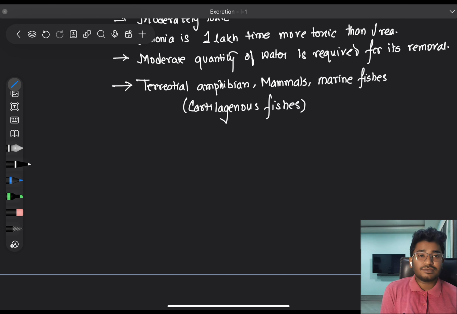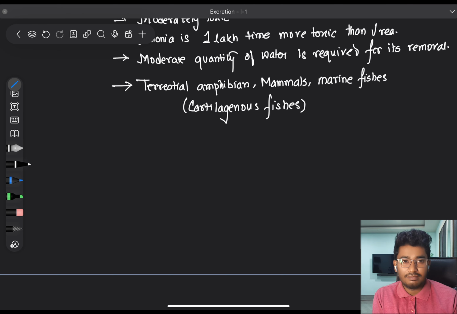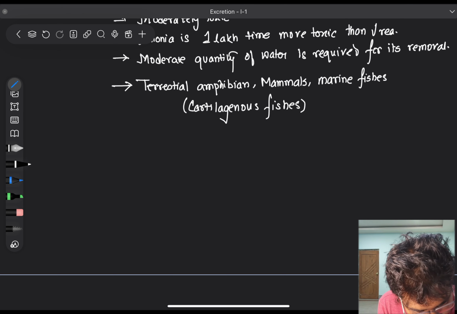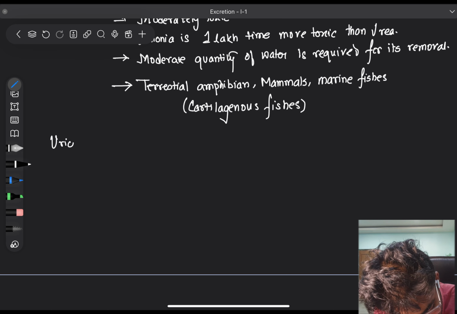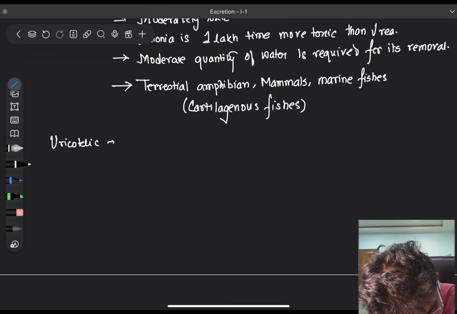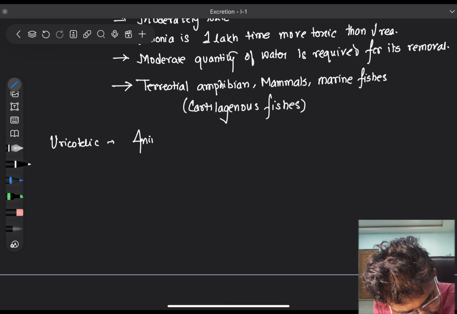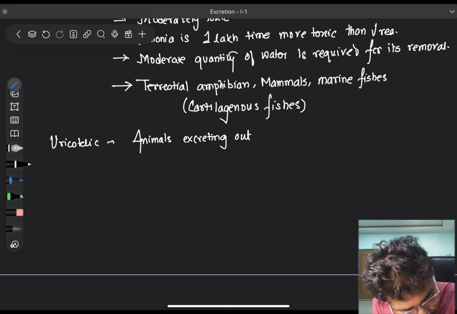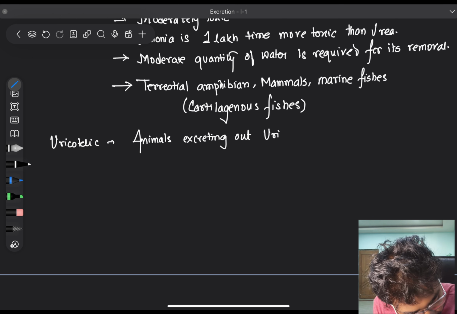Uricotelic animals are the animals that excrete uric acid.